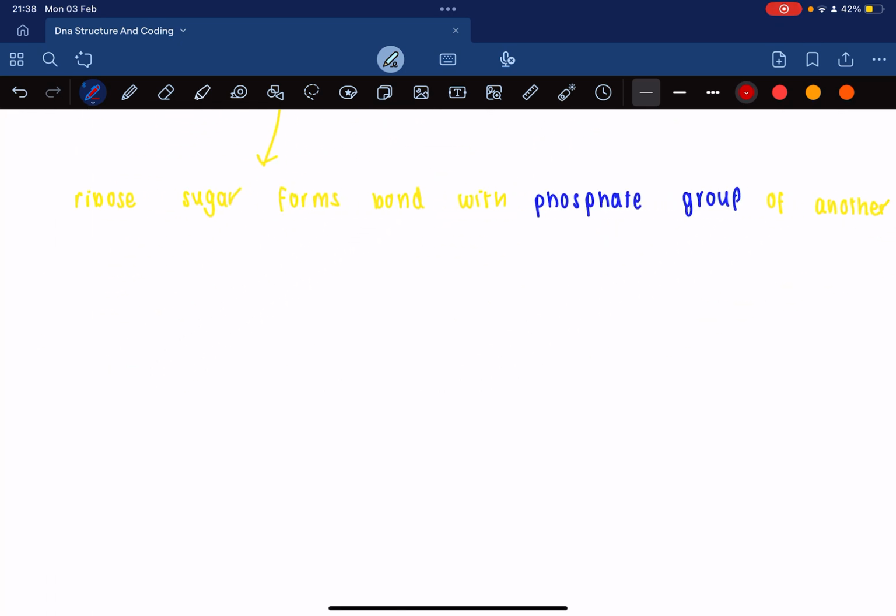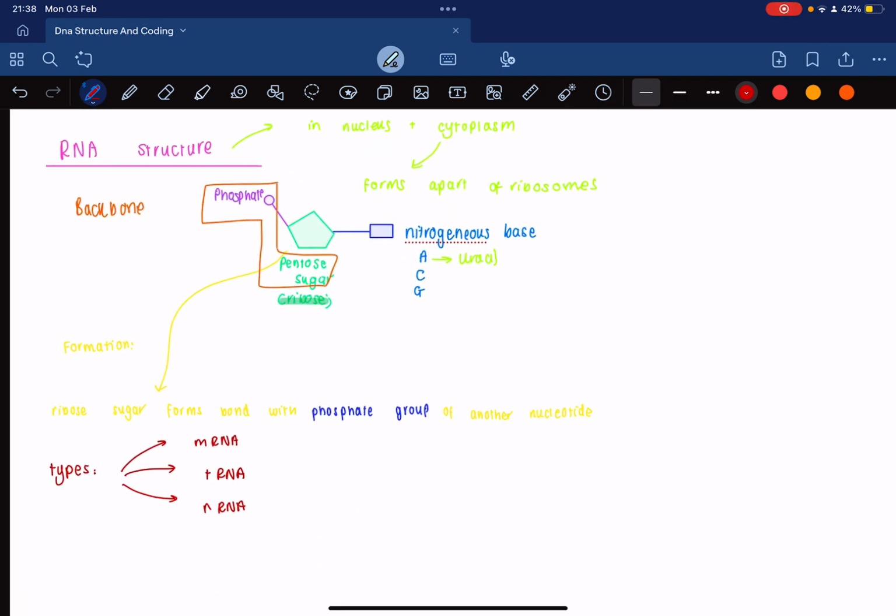Ultimately, we also get different kinds of RNA. We get mRNA, which is messenger RNA. We get tRNA, which is transfer RNA. And we also get rRNA, which is ribosomal RNA.